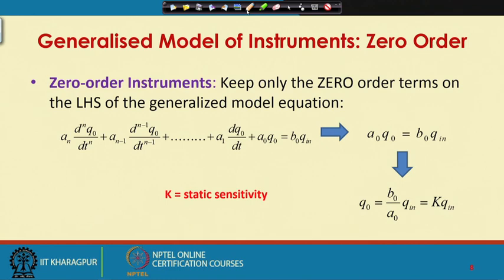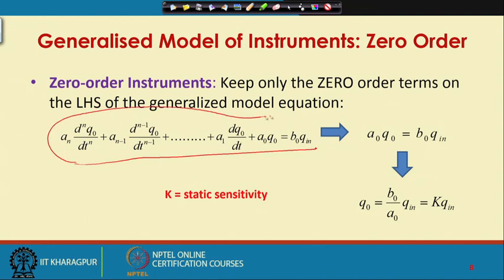So, let us look at here. We are saying that this is a generalized mathematical model for an instrument which is commonly used. For a 0 order instrument, we will keep only the 0 order terms on the left hand side of the equation.